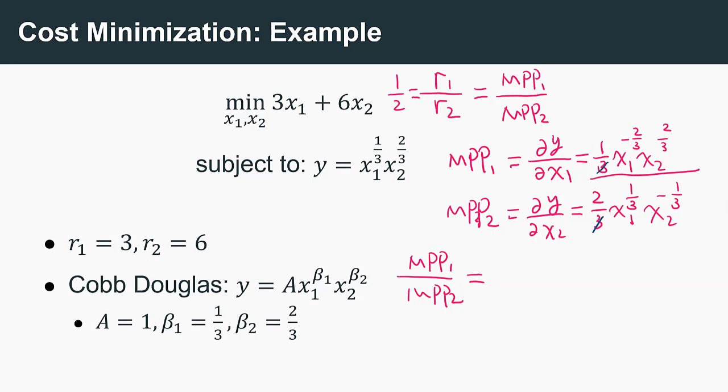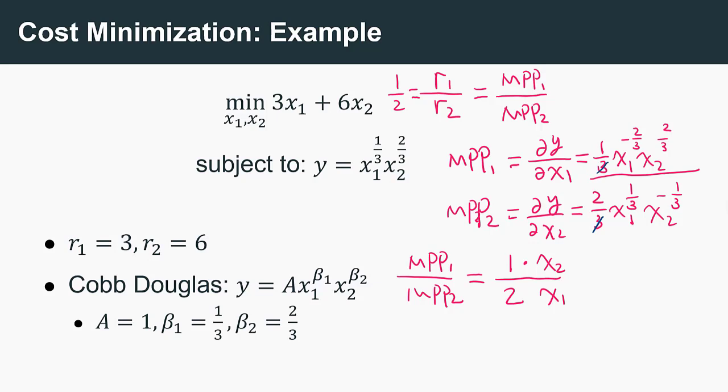MPP1 over MPP2 is equal to, we can just take the ratio there, and this 1/3 can be canceled, and those x1 and x2 exponential terms can also be simplified. So we ended up with 2 here, and 1, and on the numerator we have x2, on the denominator we have x1.